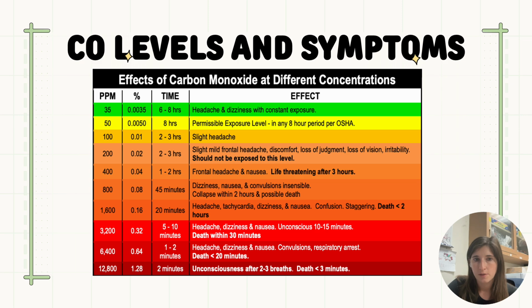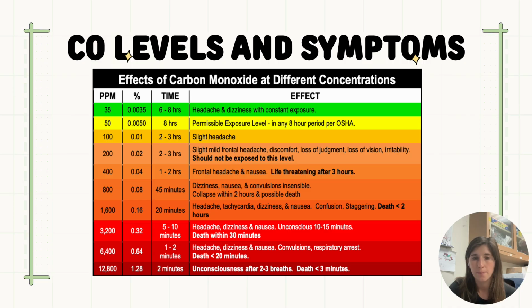At 50 parts per million for about 8 hours, this is our permissible exposure limit. And our permissible exposure limits are a limit that's set by OSHA, which is the exposure level that a worker can endure for an 8 hour period without having severe side effects.